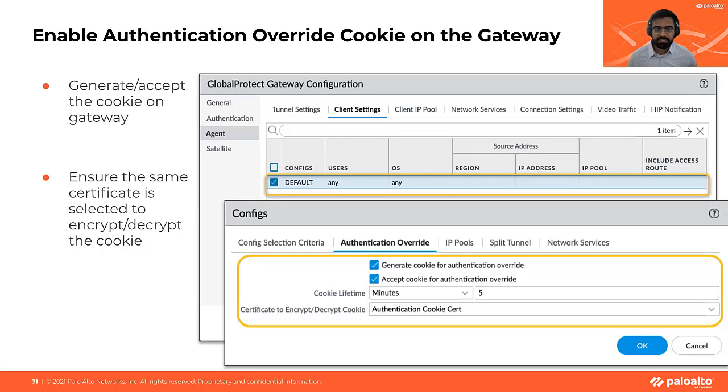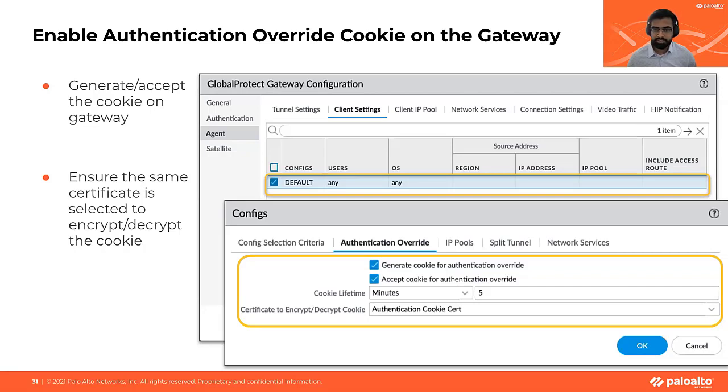The gateway sends this cookie to the endpoint after the user first authenticates with the gateway. And by selecting accept cookie for authentication override, this will allow the gateway to authenticate endpoints through a valid encrypted cookie. When the endpoint presents a valid cookie, the gateway verifies that the cookie was encrypted by the gateway. It decrypts the cookie and then authenticates the user.